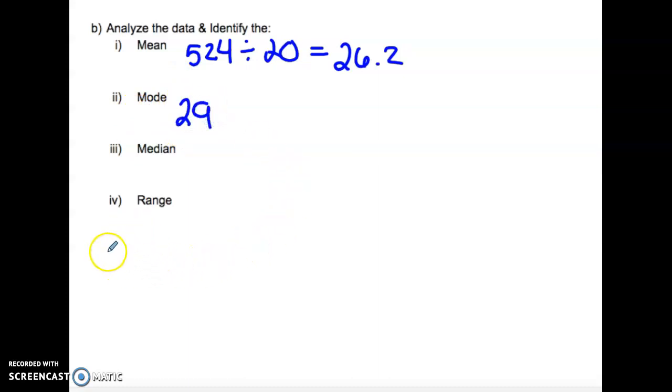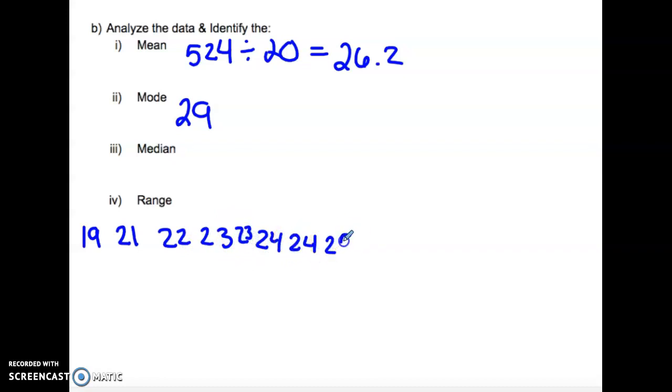And median. Remember, we need to list our numbers from least to greatest, so let's go ahead and do that. You should be doing this at the same time I am. Cross off your numbers as you go along so you don't forget about any.